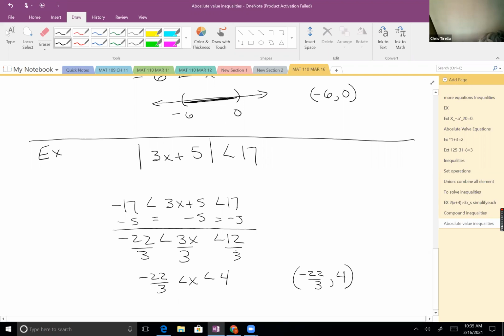Because that's a positive 3, the direction remains the same. And we have the open interval from negative 22 thirds to 4. Everybody okay? Any questions?